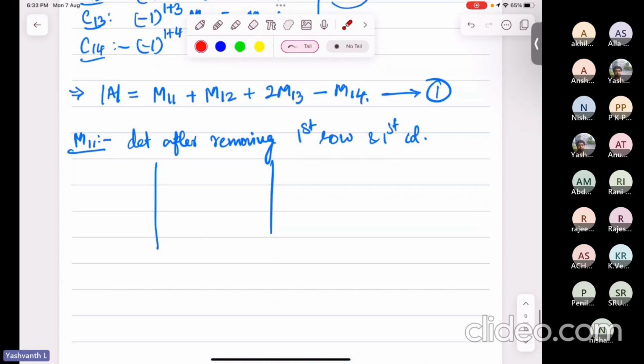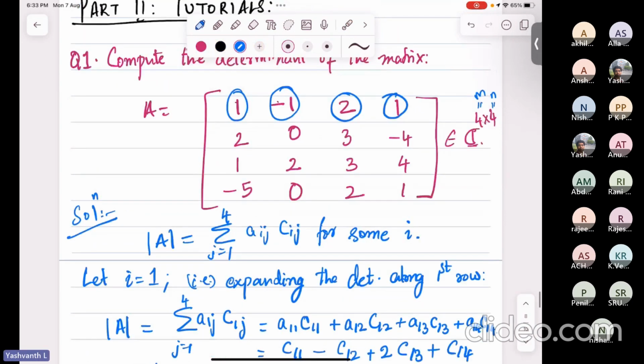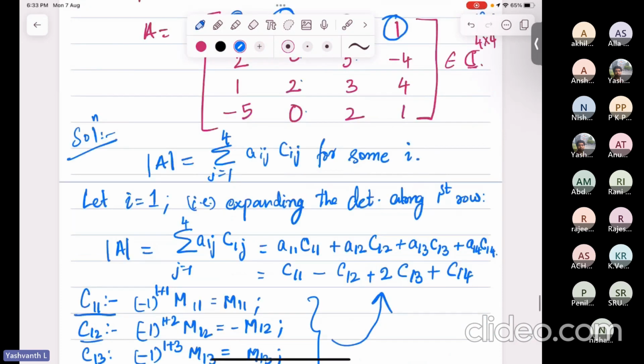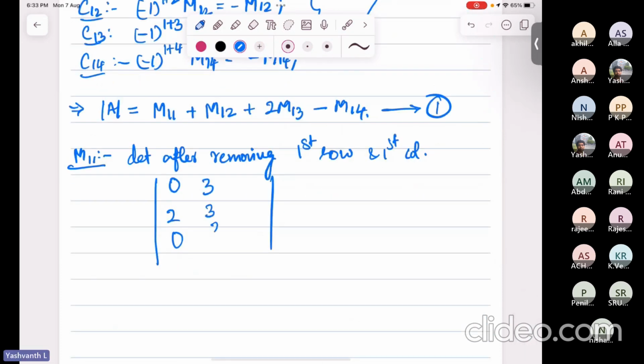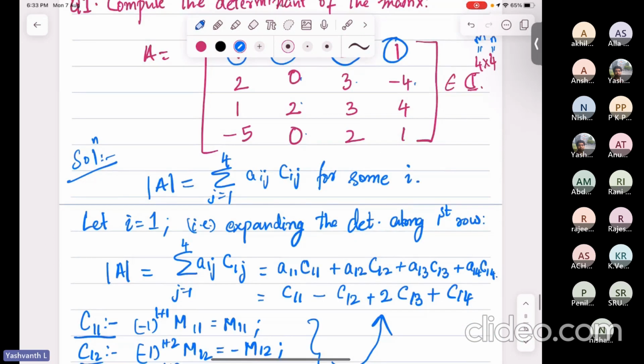You can show that it is given by the determinant of 0, 2, 0, 3, 3, 2, minus 4, 4, 1.